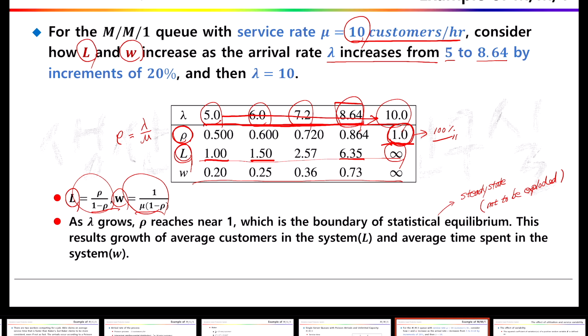Also, the average time that each customer stays in the model goes to infinity.